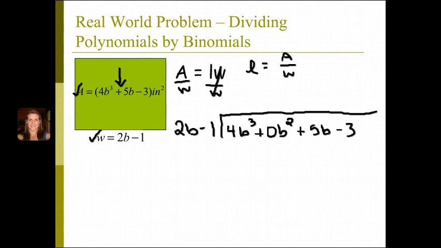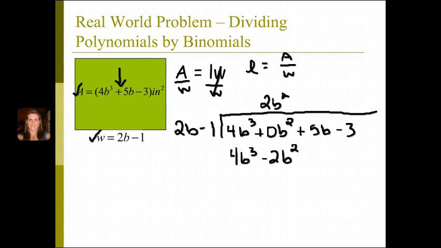Okay, so what times 2b gives me 4b cubed? Well, that would be 2b squared. So we have 4b cubed, and then 2b squared times negative 1 is minus 2b squared.